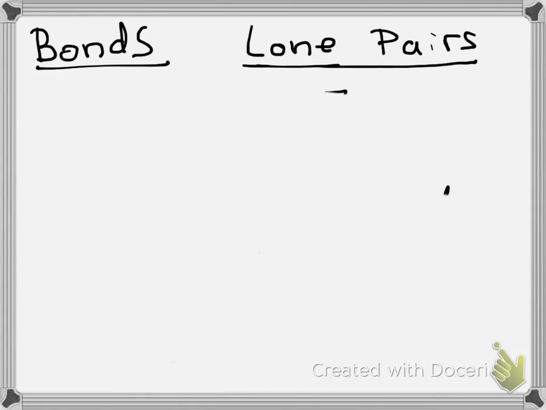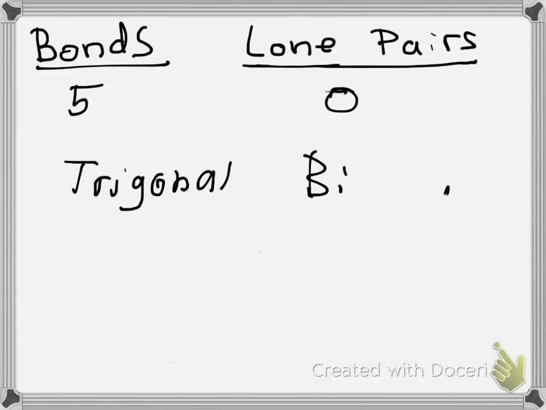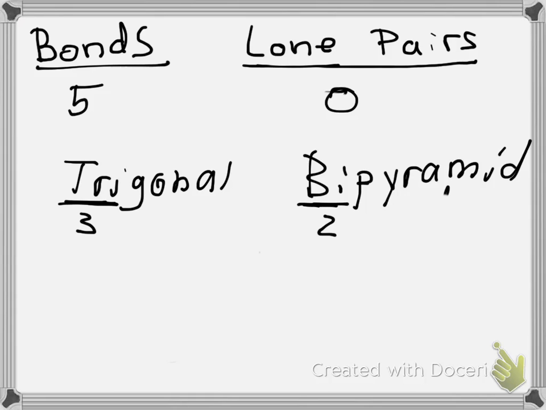And after this, we go into the 5 location category. And this one isn't polar because it has no lone pairs. This one is called trigonal bipyramid. And the reason it's called this is because tri means 3 and bi means 2. So if you take these together, you get 5.